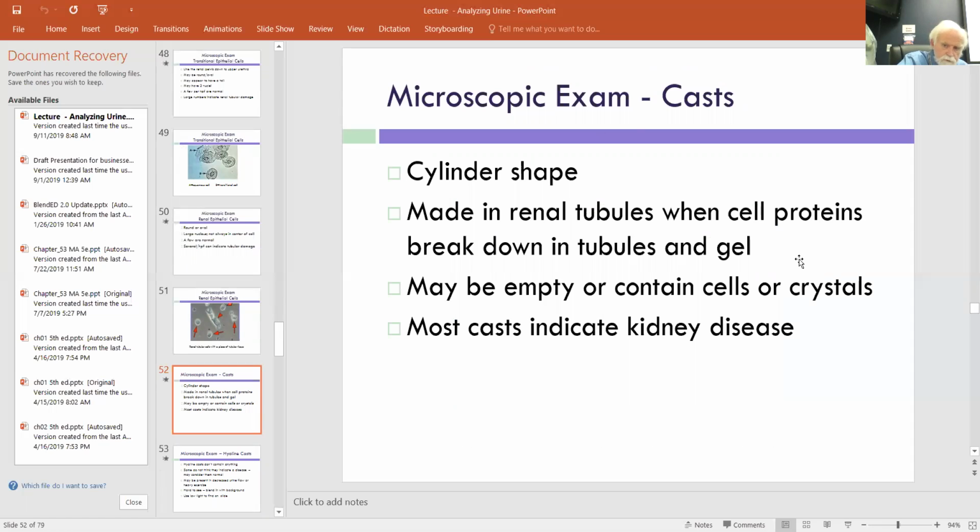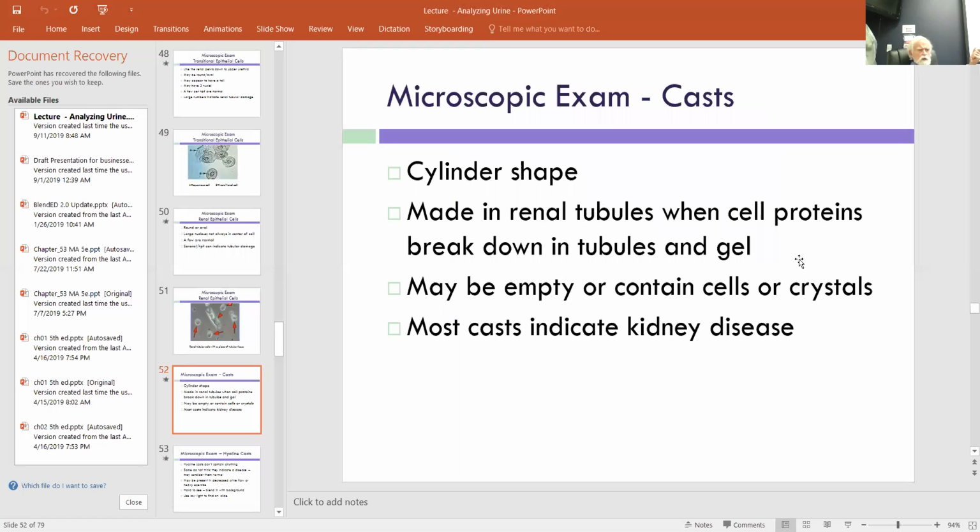Casts are a cylindrical shape, and basically they're little containers. They might have other things in them, like cells or crystals.